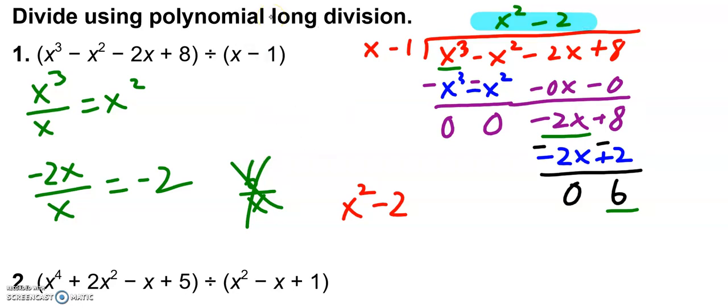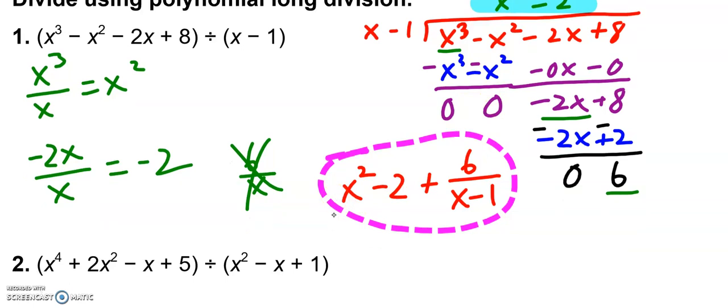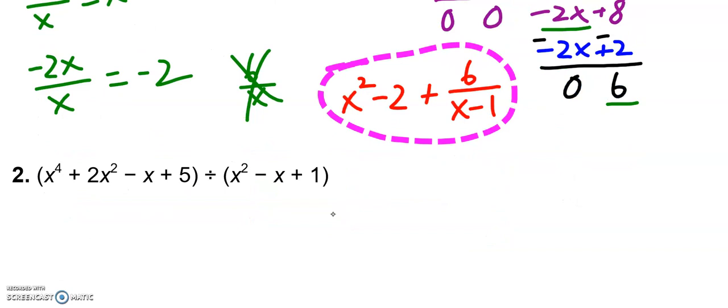And then I'm going to have plus 6 over x minus 1, because 6 was my remainder. So that is my answer. So notice how here, and this sometimes happens, a couple of terms go to 0 in the subtraction part, and that made the division process a little bit shorter. So although it is still long division, it was a little less long than last time.